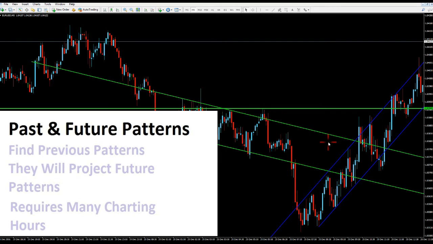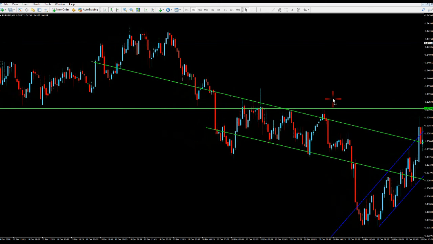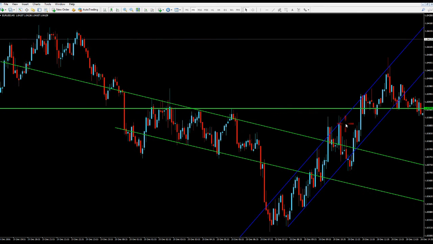I mean, it's likely that it becomes support or resistance even in the future. So it's not useless to draw lines and find patterns on previous charts, because you can make use of them when they project future patterns, as they sometimes do.